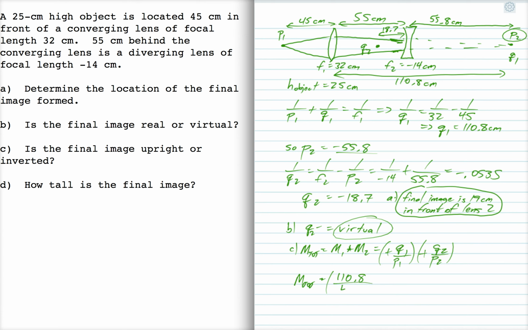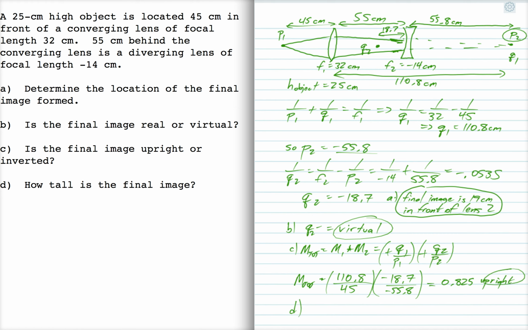P1 is 45. Okay, Q2 is minus 18.7, and P2 is minus 55.8. So when we multiply all of that stuff out, we get 0.825. Okay, so that means that it is upright because the magnification is positive.